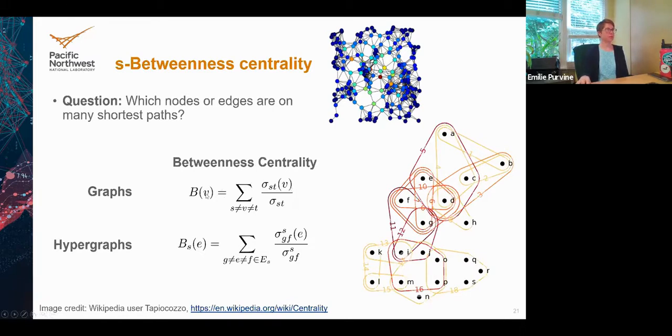The betweenness centrality for a vertex V is the sum of, for each pair of other vertices S and T, how many shortest paths between S and T is my vertex V on, divided by how many shortest paths total between S and T. We could do the same thing for hypergraphs. And now we see the betweenness centrality coloring for this example hypergraph.